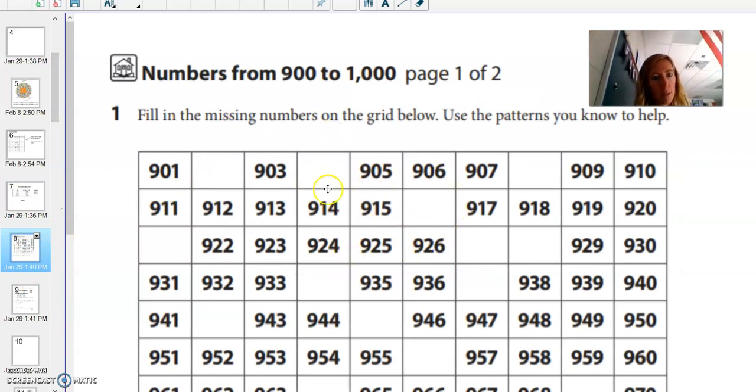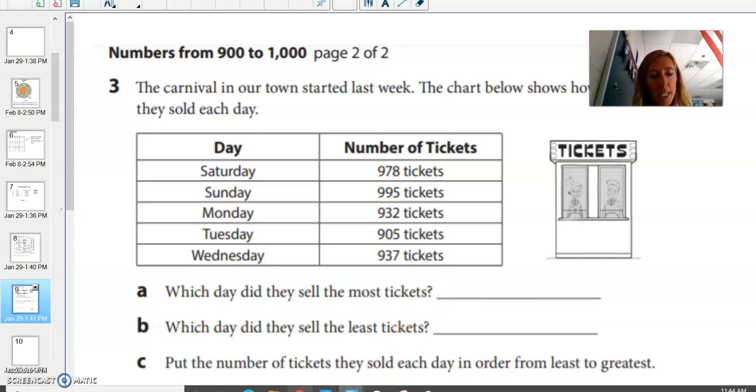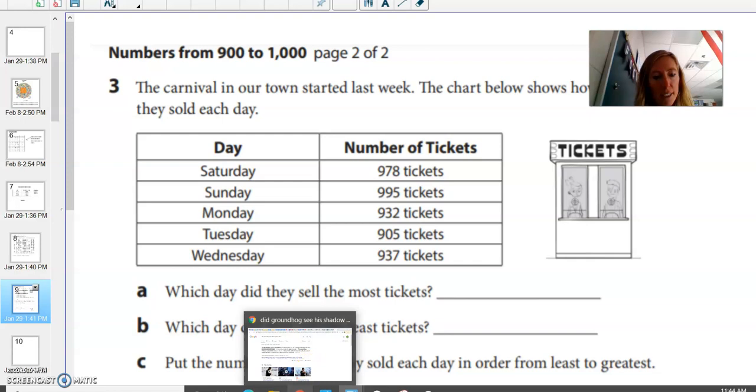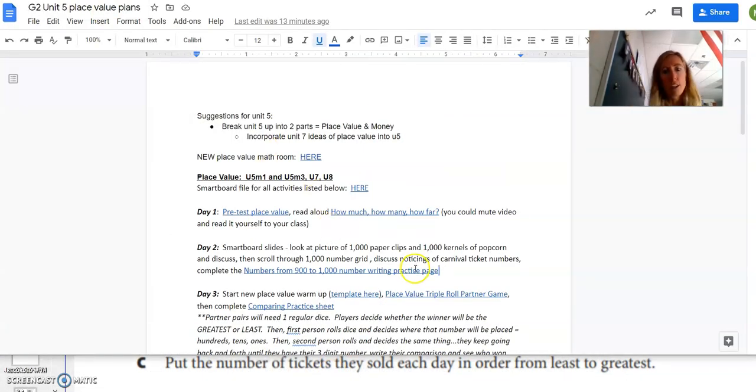They're filling in the missing digits, and then the second page of it has what you just noticed together as a class. And maybe they already answered these questions when they did the noticing, like what did they sell the most tickets of and stuff like that.